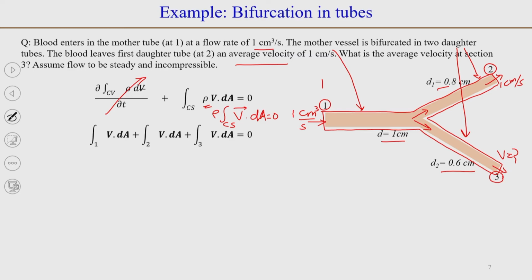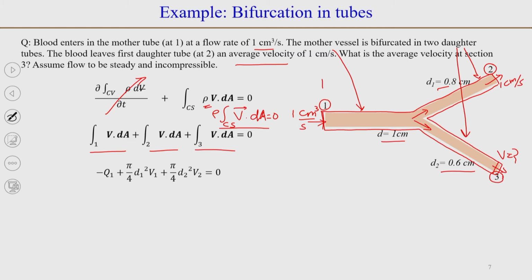So, when we apply this equation, the integral over the control surface, we will have 3 surfaces. So, the integral over control surface 1, which is the section at 1 where the flow is coming in, V dot dA, plus V dot dA at section 2, the exit of daughter vessel 1, and the integral of V dot dA at the exit of daughter vessel 2, section 3.